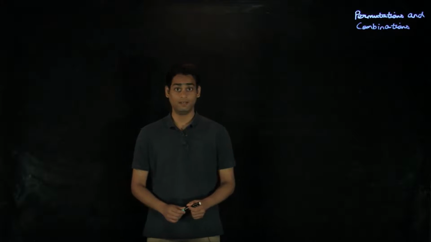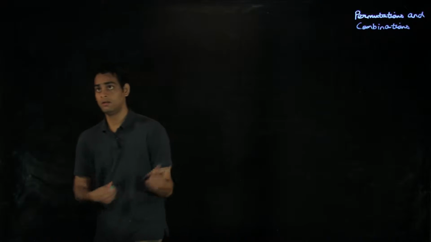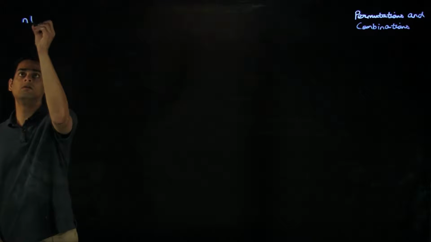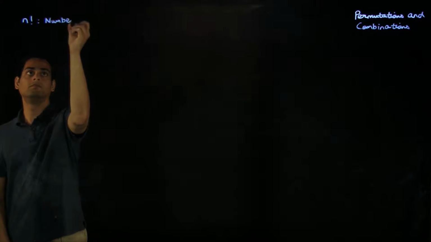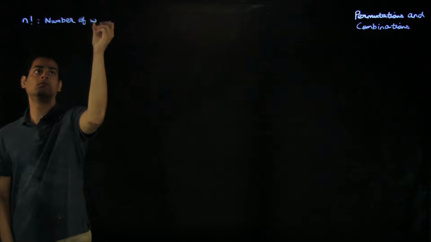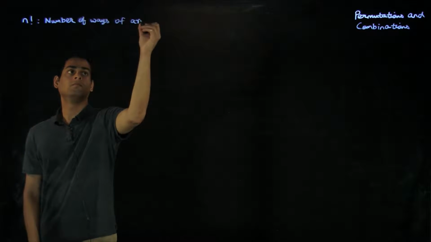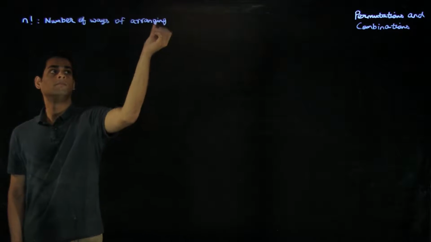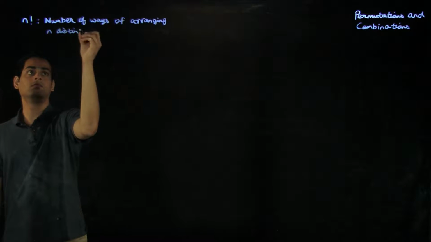Hello and welcome to the second lecture on permutations and combinations. In the previous lecture, we looked at the concept of n factorial, which is the number of ways of arranging n distinct objects.